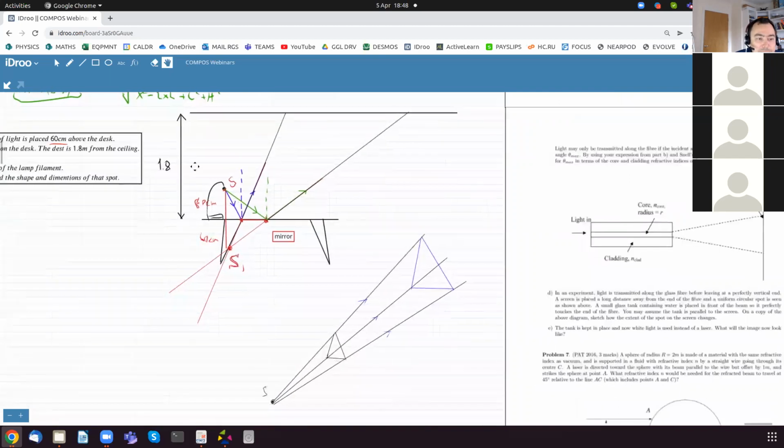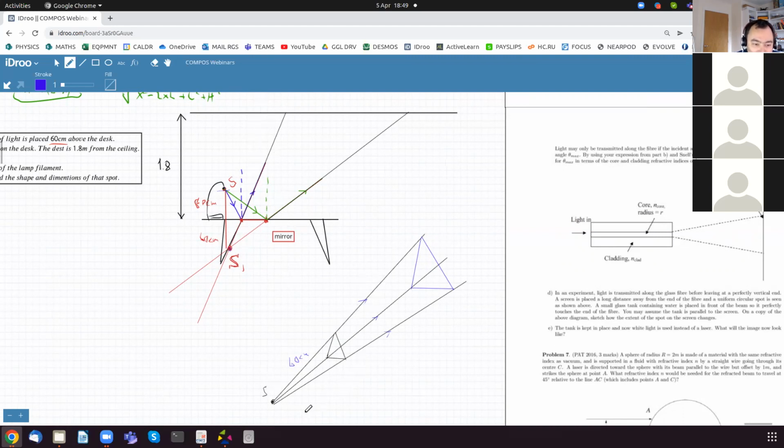So let's have a look. What do we know? Well, we know this distance is 60 centimeters. So it's as if the light is coming from the bottom, 60 centimeters, and the whole thing, this is 1.8 meters plus 60 centimeters. That's going to be 2.4 meters.